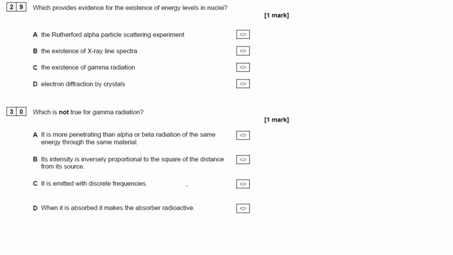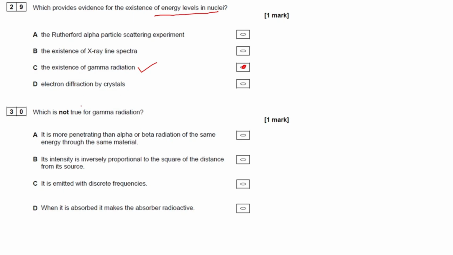And because they're in an excited state, they then de-excite, and the difference in energy is released in the form of a photon. And these excited states release gamma radiation. So the only one that's correct here is the existence of gamma radiation. That proves that nuclei can have energy levels and be in an excited state. So C is the answer.